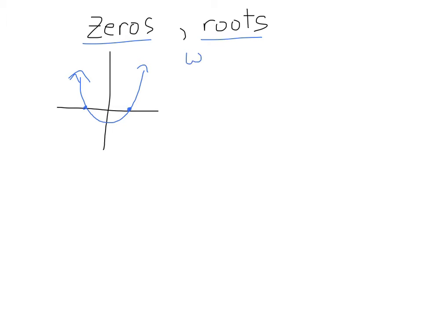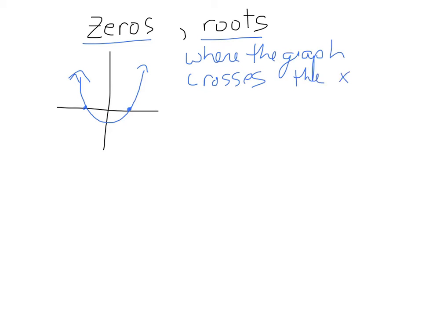It's where the graph crosses the x-axis. Another way to think about it is the x value when y equals 0. These are very important, and again, they're called zeros and they're also called roots.